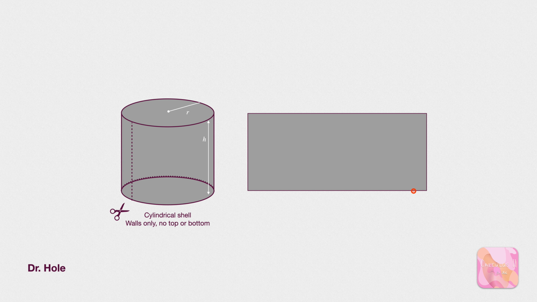For the length, that is coming from the circumference of this circle, and we know the formula for the circumference is 2 pi r. So the length is 2 pi r, the height is h, and the area of the rectangle is 2 pi rh.